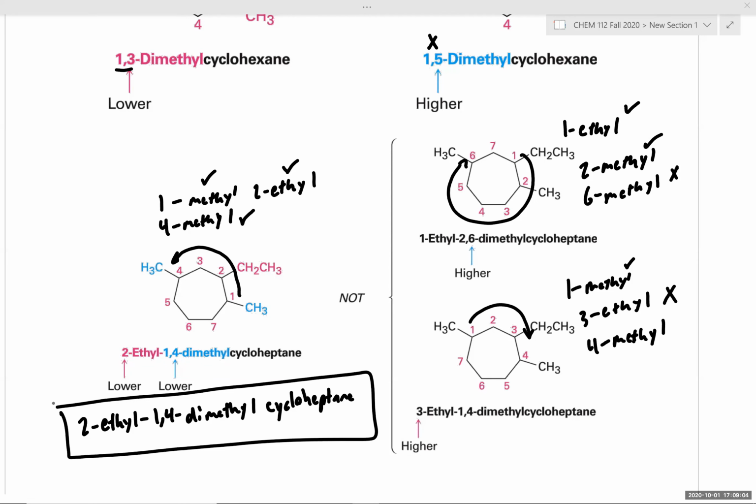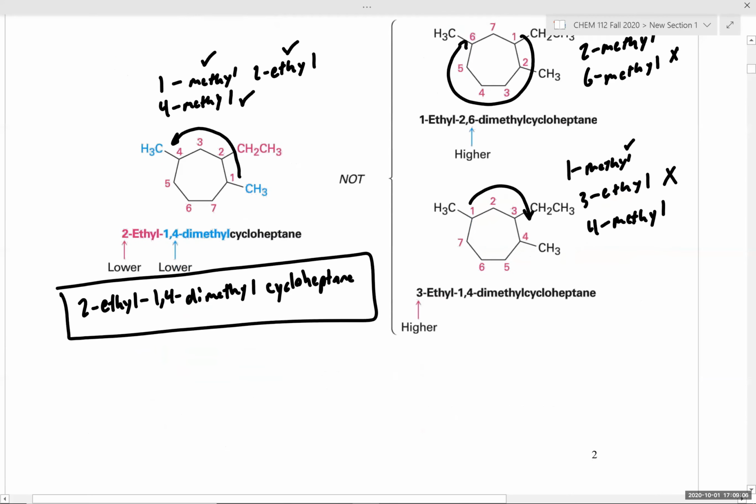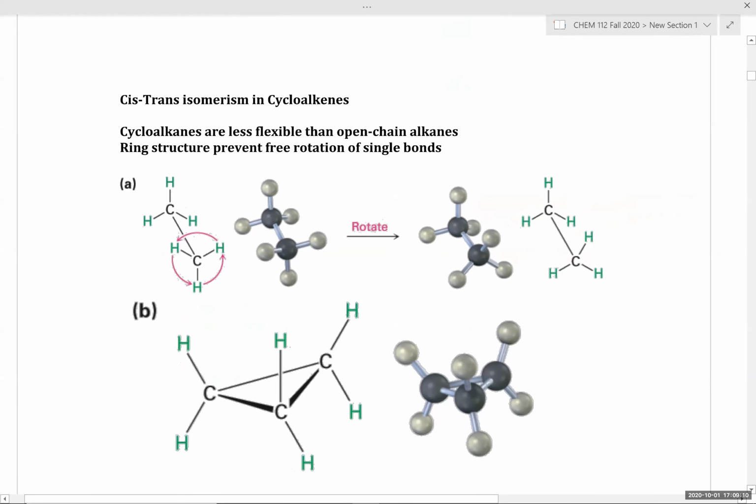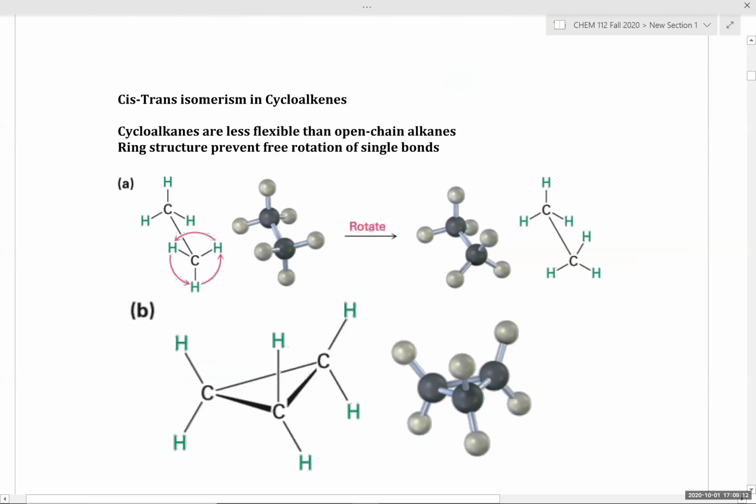If not, let's keep going and let's talk a little bit about cis-trans isomerism in cycloalkanes. Now, remember in our traditional discussion of linear species, we noted that for linear compounds, we can have rotation about the carbon-carbon bond.